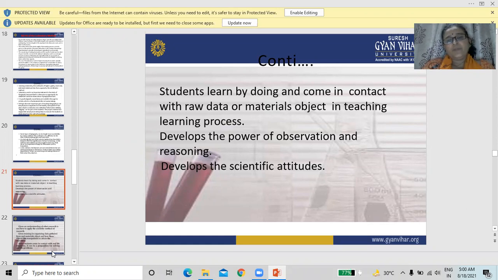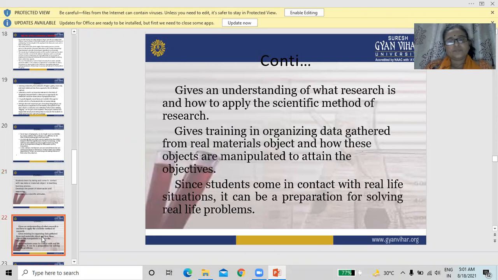Develop the power of observation and reasoning. Develop the scientific attitude in the students. Give an understanding of what research is, and how to apply the scientific method of research.